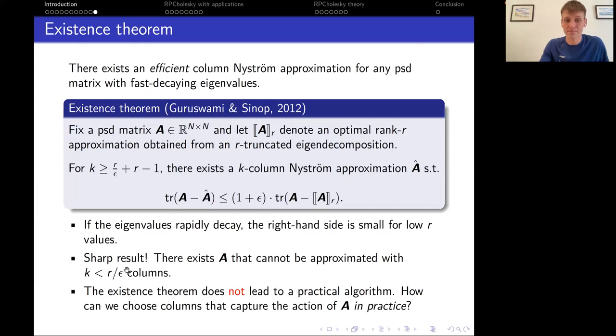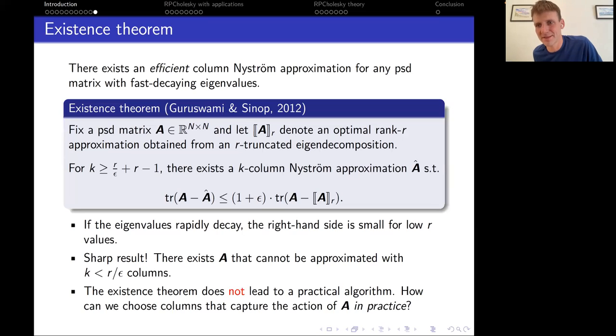It's sharp. I can construct a matrix A that cannot be approximated with fewer than R over epsilon columns. I mean, it's very nearly sharp. I accept there's a little bit of room between R over epsilon and R over epsilon plus R minus 1.